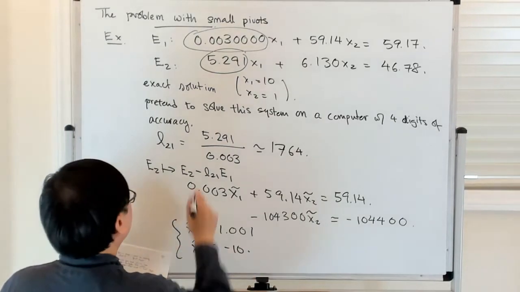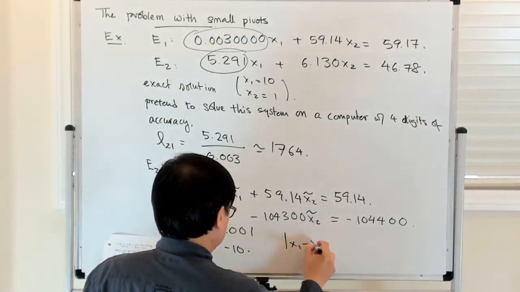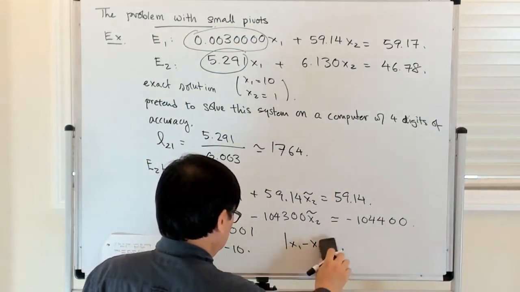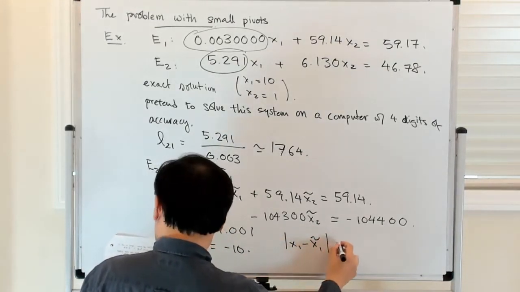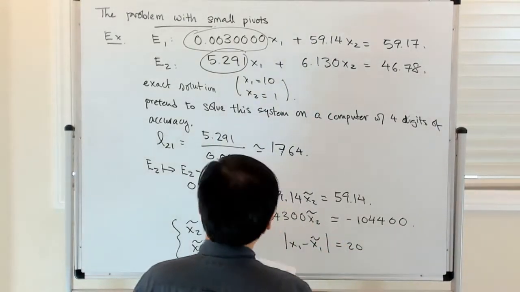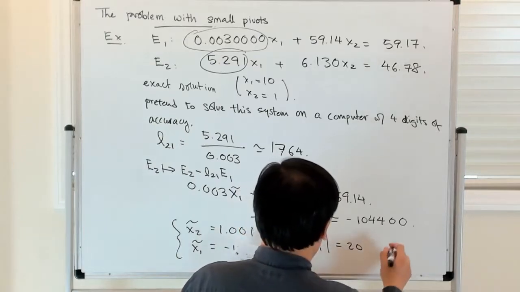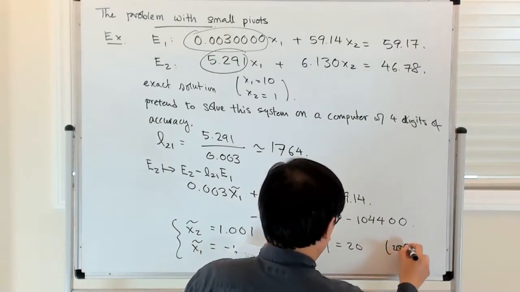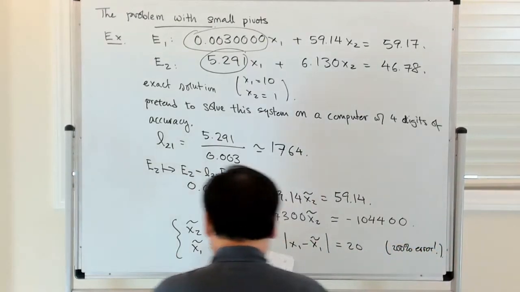That's a very dramatic difference. So x1 minus x1 tilde is 20. This is a huge error, a 200% error. Okay, so that's not good.